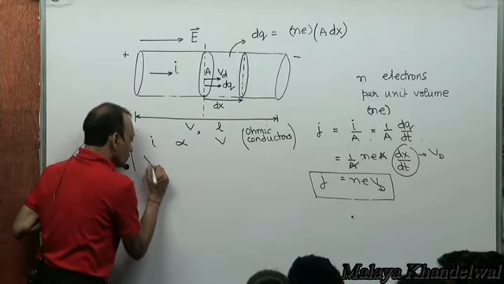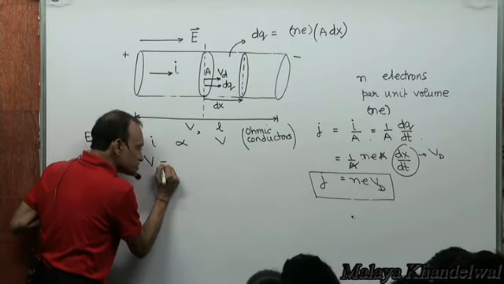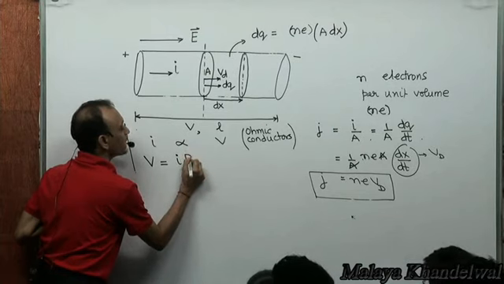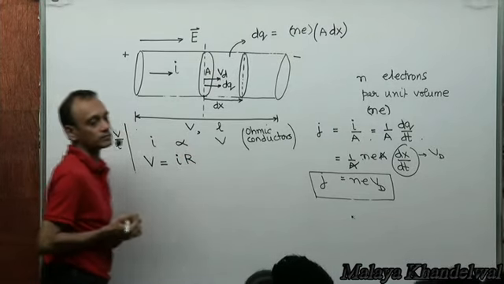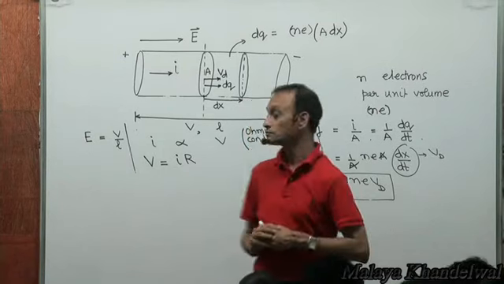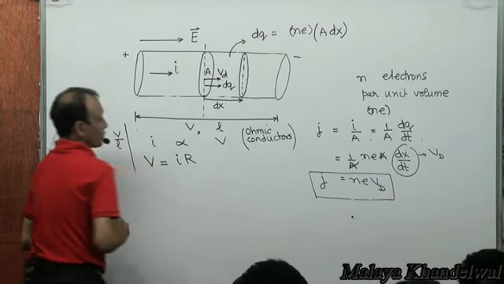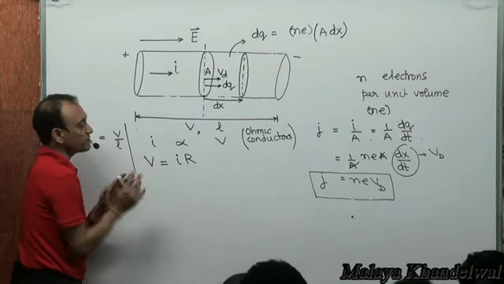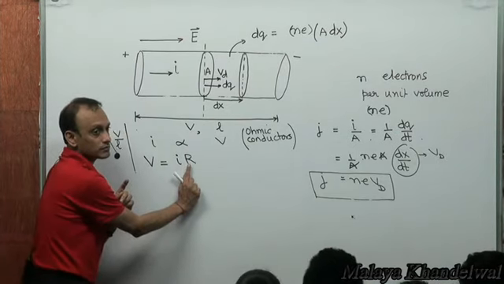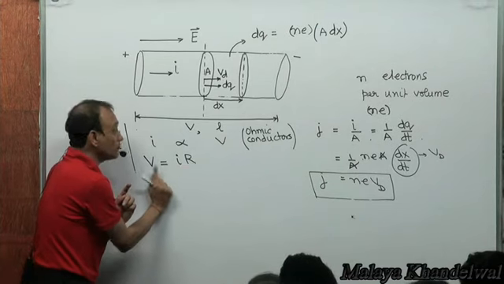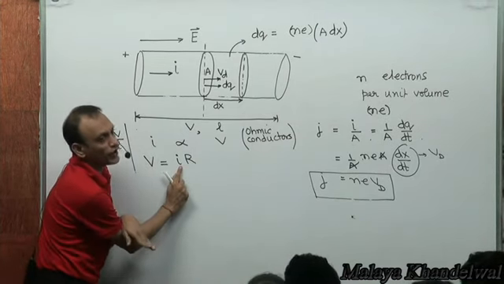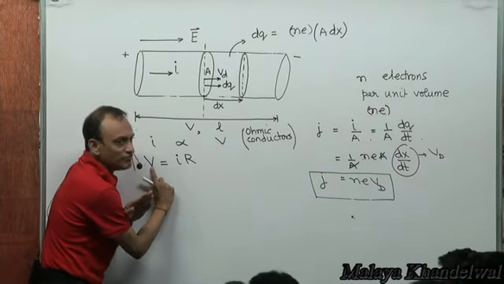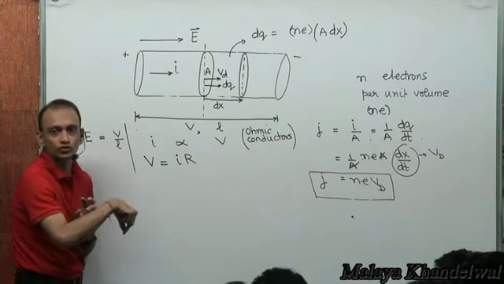And for such conductors under such conditions, there is this constant of proportionality which is designated by R. R is such a property that if I increase R, then for the same V, I'll have lower I. On increasing R, for the same V, I'll have lower values of I. You know what I'm saying?